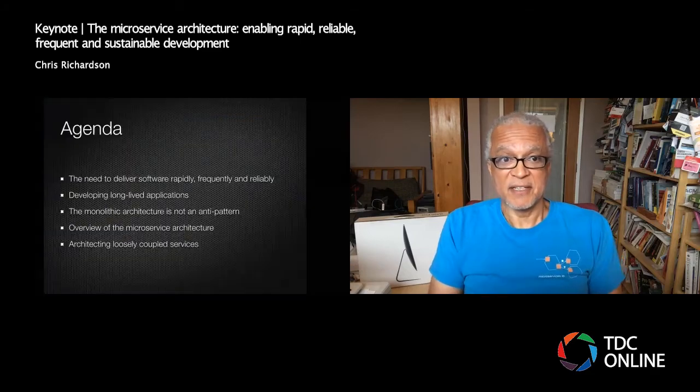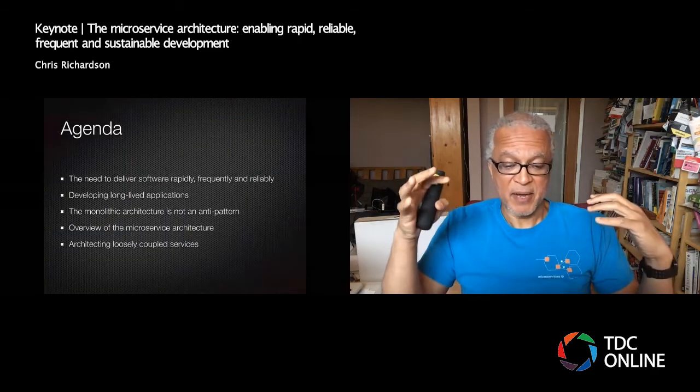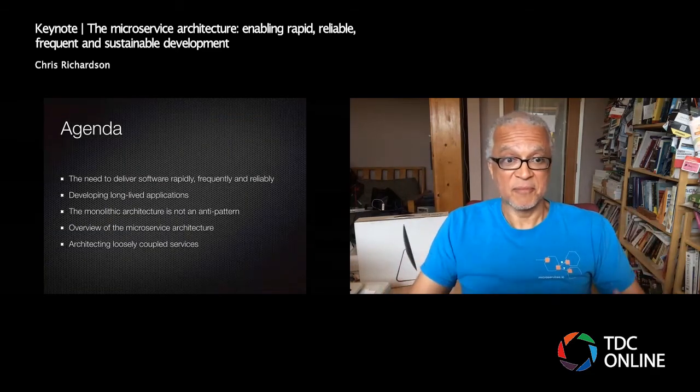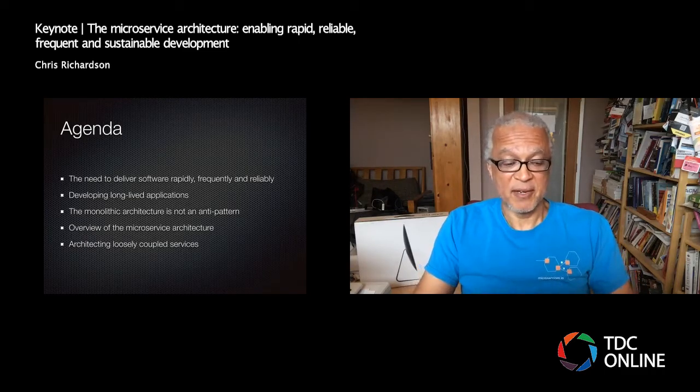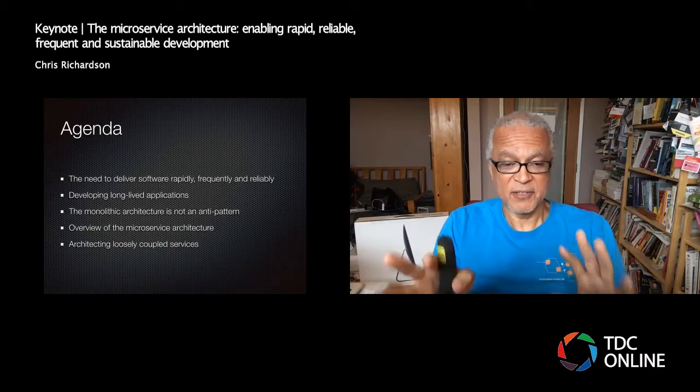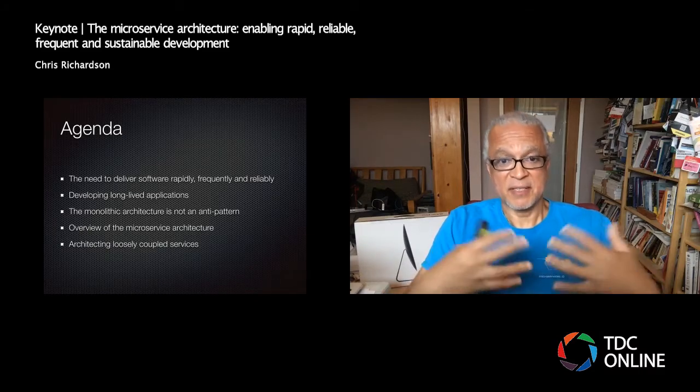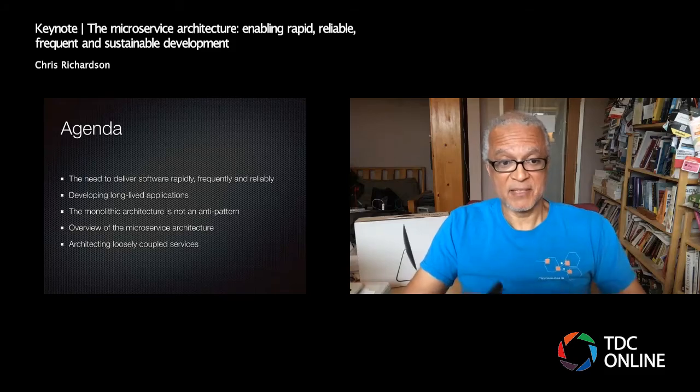So the agenda is, I'm going to start off by talking about what's driving the adoption of microservices. And that's all around needing to deliver software rapidly. It's also around developing applications that are long-lived. And then I'm going to talk about the monolithic architecture and why it's not an anti-pattern, but in some contexts, it's not the best approach.